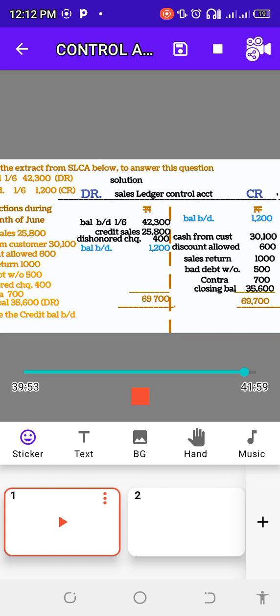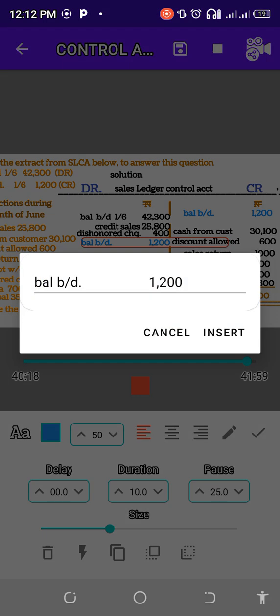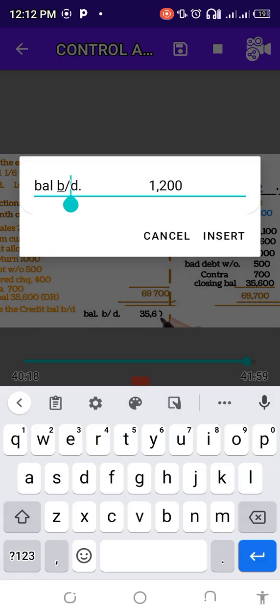Let us try to correct it. If it is correctable, let us see. That one is supposed to be balance carried down, and not balance brought down. Let us correct it.